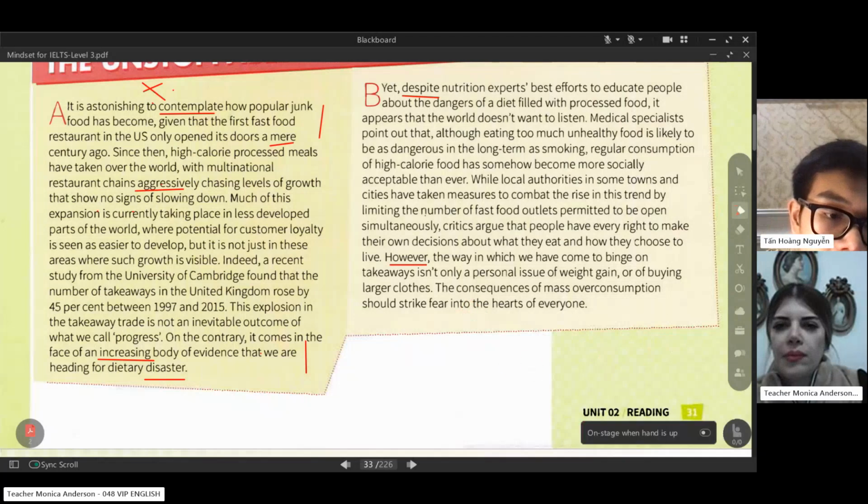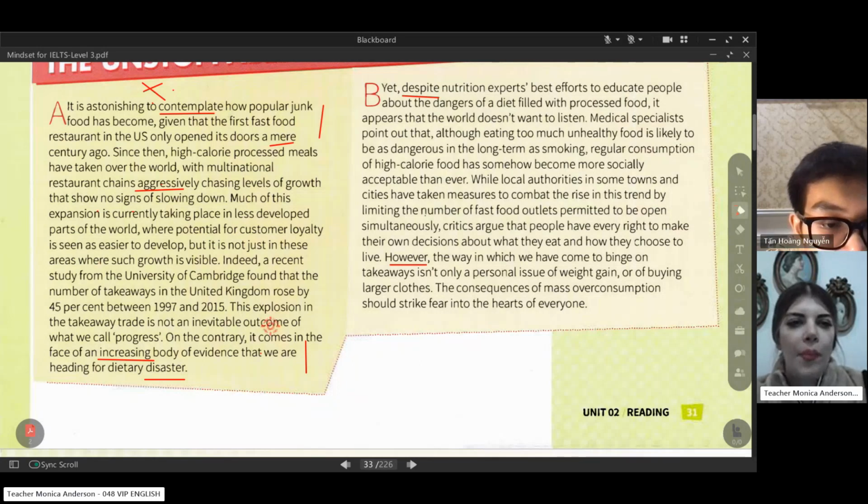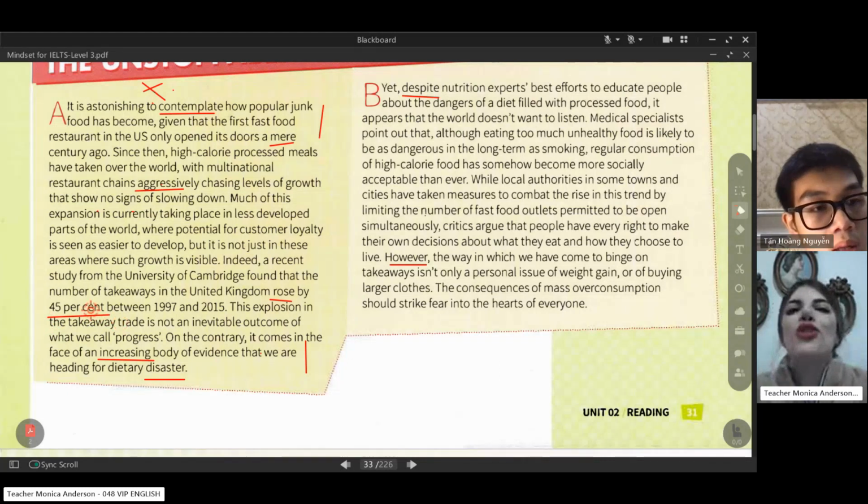Synonym of increase. I think that... rose. Very good. Rose by 45%, and this is a proportional increase. 45% increase, rose. Okay.